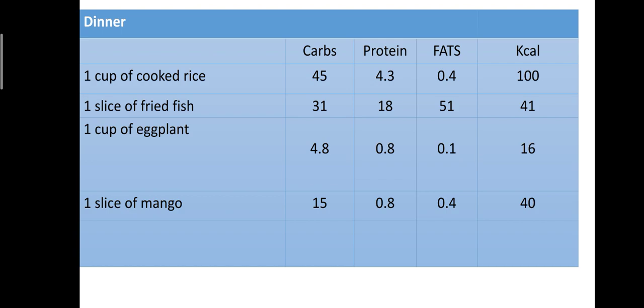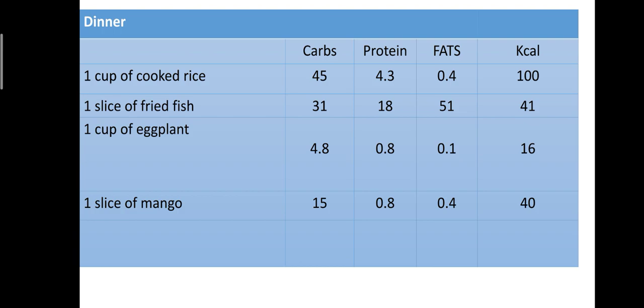And for the dinner, the distribution of measurement: 1 cup of cooked rice has carbohydrates of 45, protein of 4.3 and fat of 0.4, and the kcal is 100. And for the 1 slice of fried fish, it has 31 carbohydrates, 18 protein and 51 of fats, and the kcal is 41.